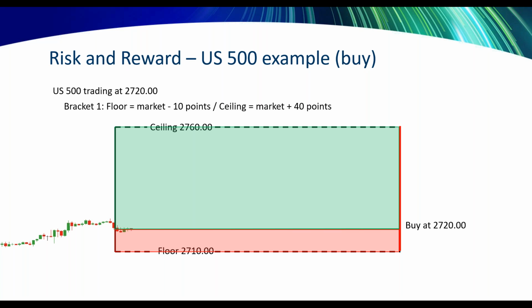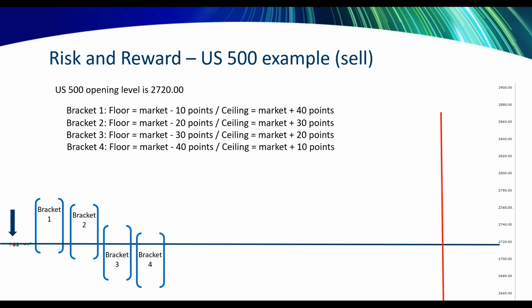Depending upon where you bought or sold, that level in the middle that separates the green from the red, if I were to buy a little higher, my risk would be a little bit more, but my potential profit would be a little bit less. So that line across the middle between the red and green could slide up and down.